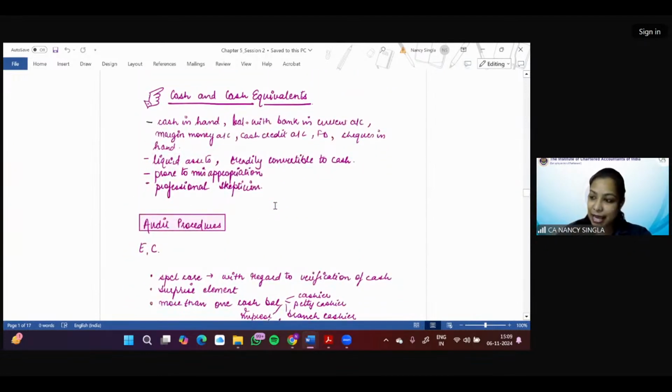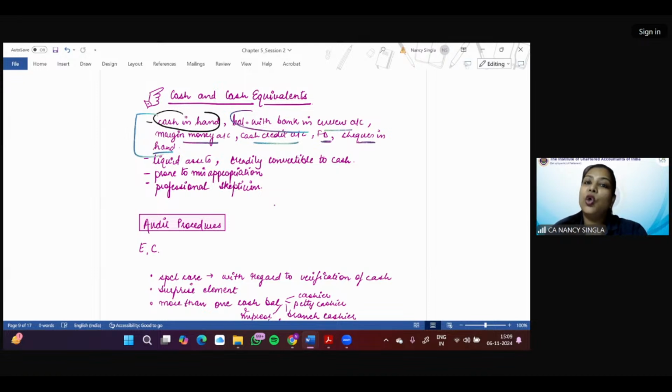So the term is cash and cash equivalents. So cash in hand, balances with bank in the current accounts, margin money account, cash credit account, FDs, checks in hand. So with respect to all these items, what audit procedures the auditor will perform, this we are going to check.